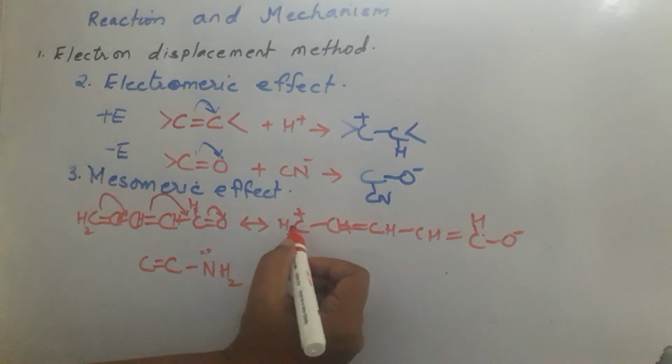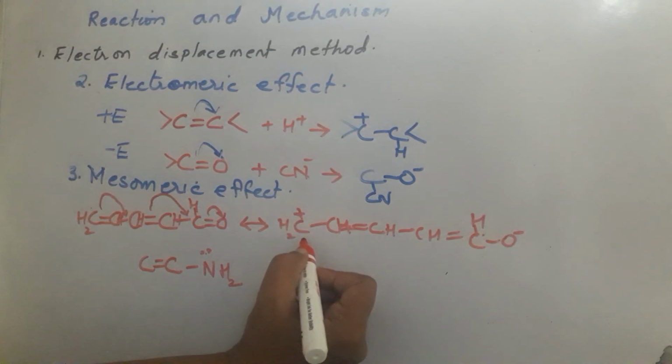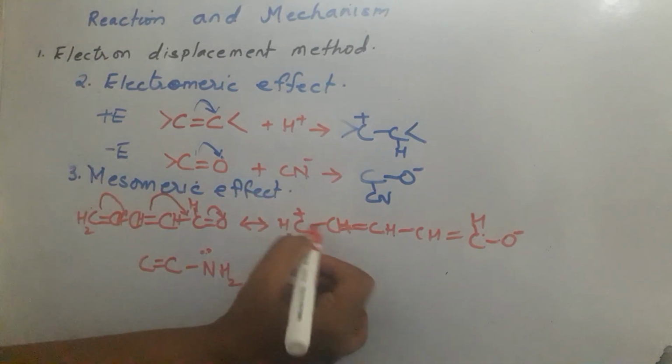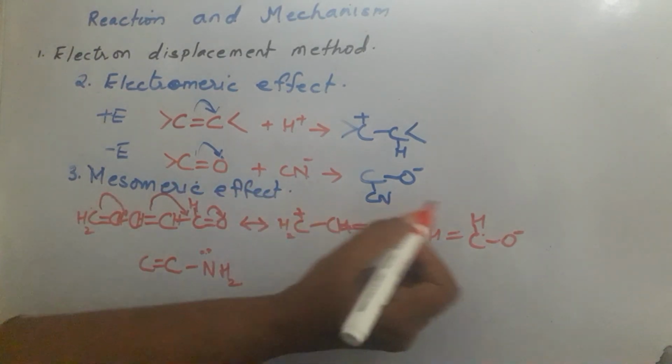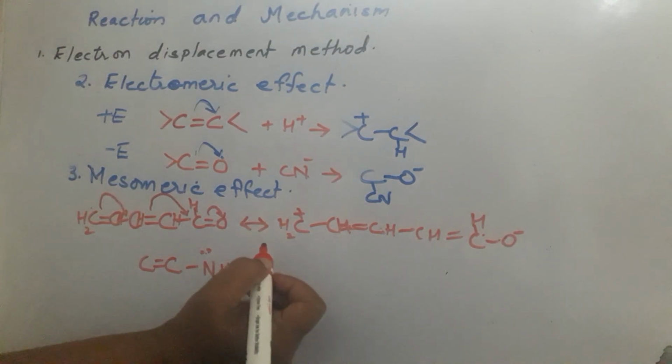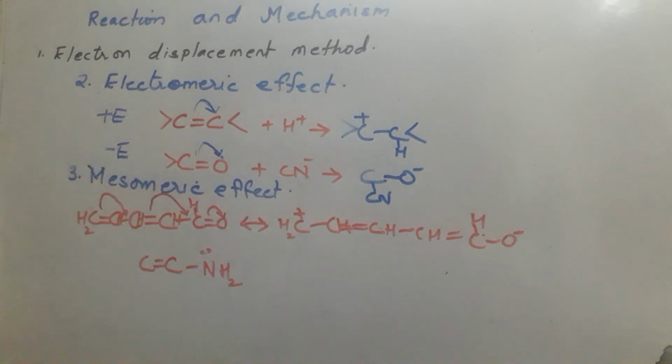So you can see that a positive charge is developed in the conjugated system. This type of mesomeric effect, this type of shifting of electrons, is called the minus M effect.